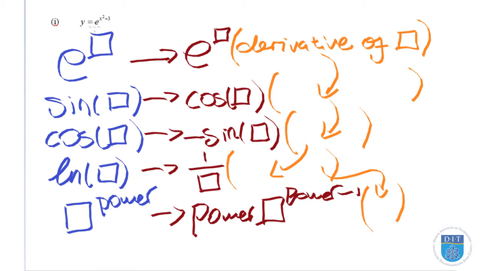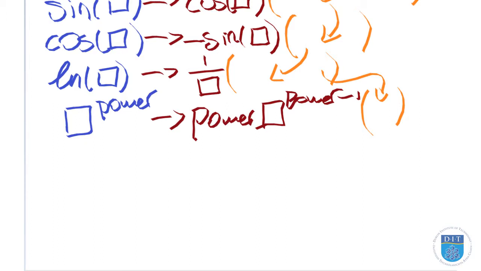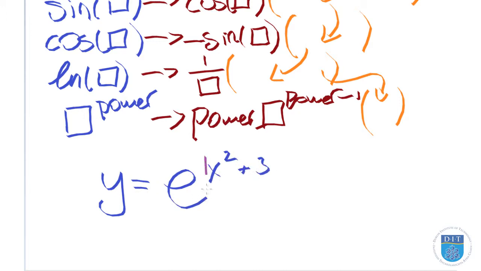So looking at that, we don't have an e to the x, we have an e to the box, if you want to put it like that. Right, so I'll take that down one more time. My function is y equals e to the x squared plus 3. That's my box there. And the chain rule goes like this: ignore the box, deal with it later.